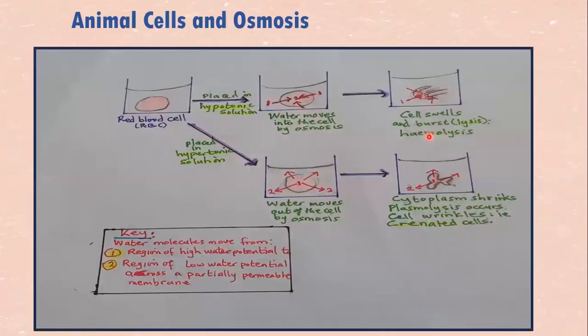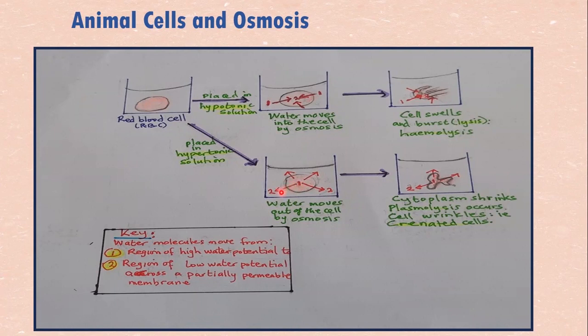Now we look at the situation where the blood cell is placed in a hypertonic solution. Water molecules move from this region of high water potential to this region of low water potential across the partially permeable membrane, and that's osmosis.